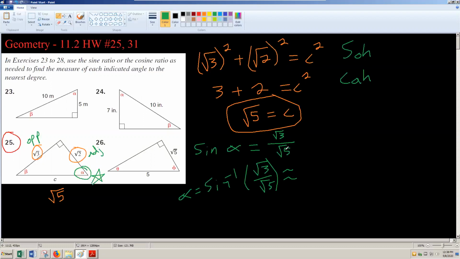Looks like about, we'll call it 51 degrees. So it comes out to be about 50.77. So again, just rounding to the nearest degree here, we're going to call this 51 degrees. And we're good to go.